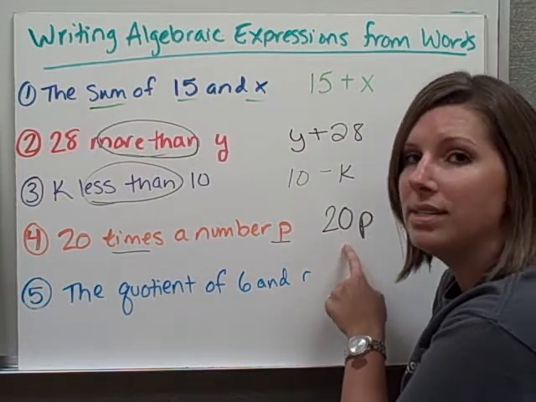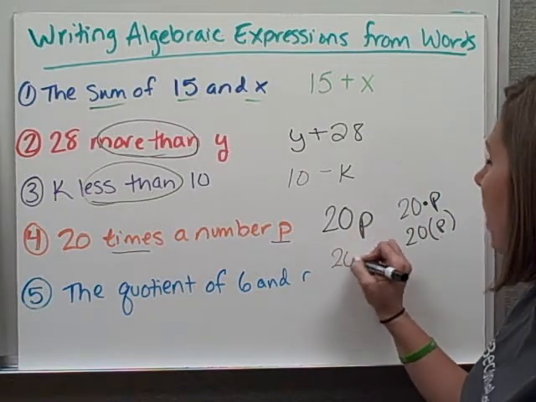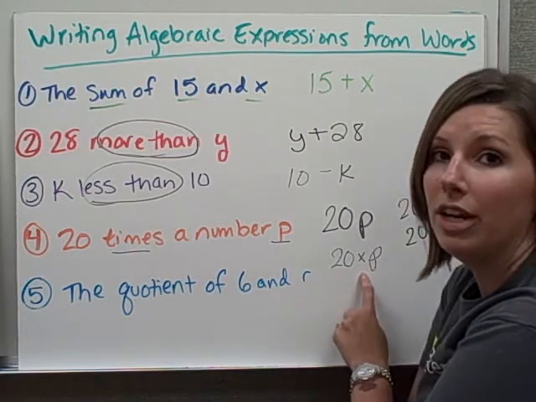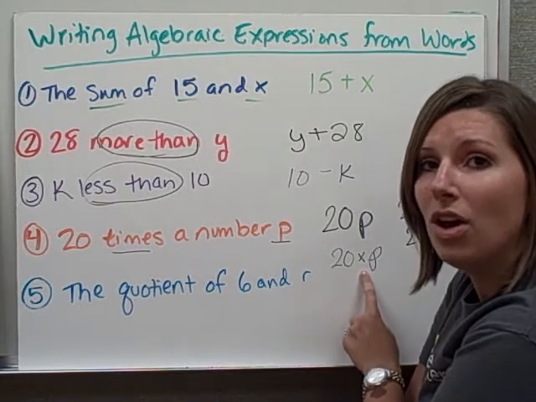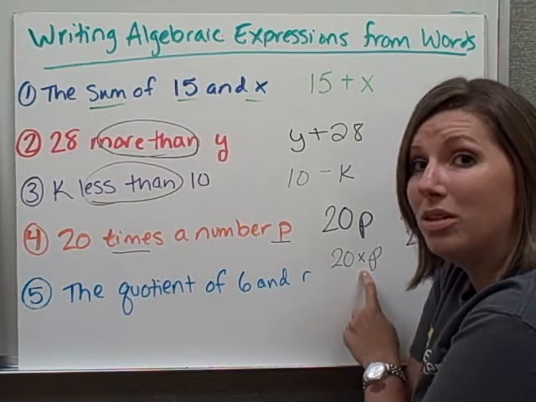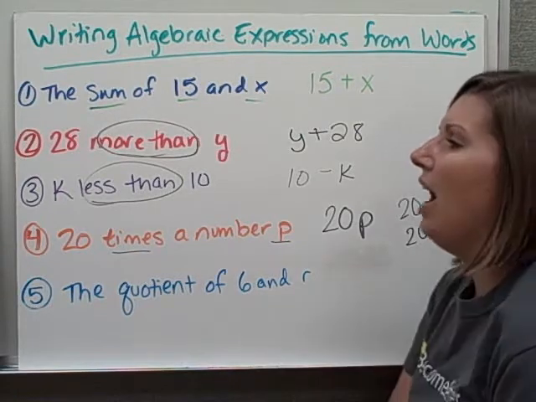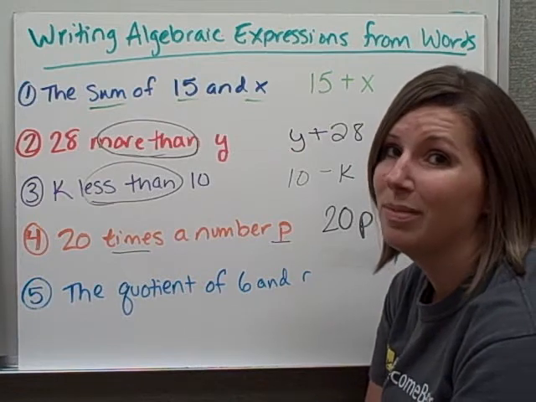That's the way we want to see it more often. I do not want to see you write it with the x as times, because now that we're using variables and letters, sometimes that x could be mistaken for a variable, not multiplication. So we don't like using x's as our multiplication now that we're working with algebraic expressions.